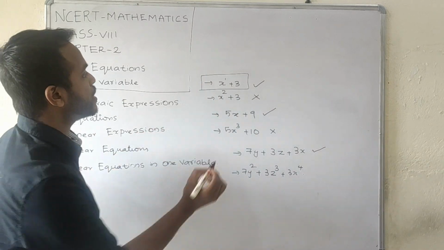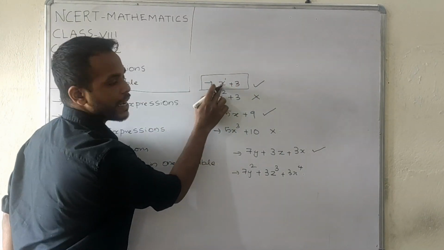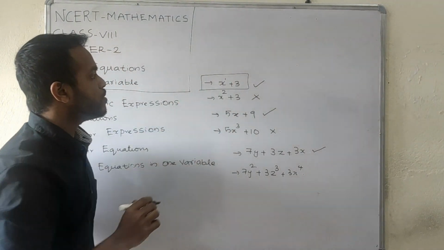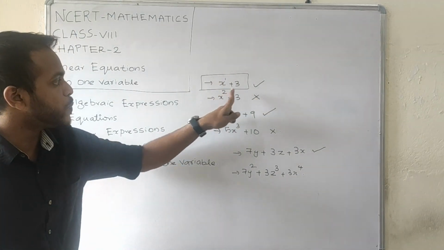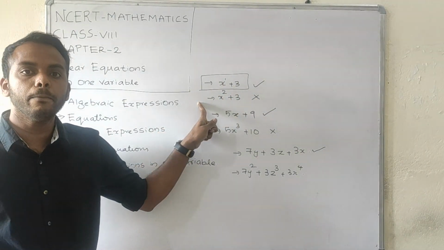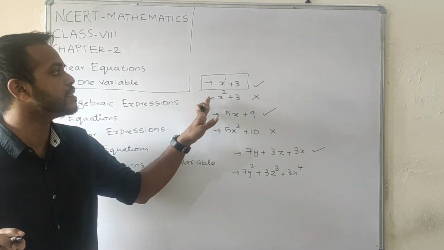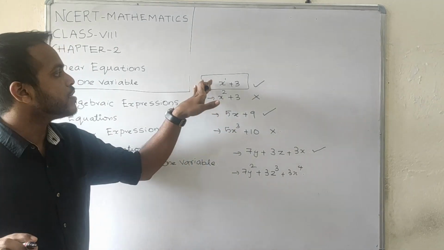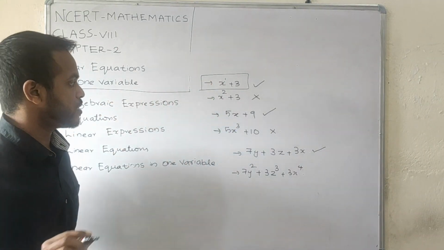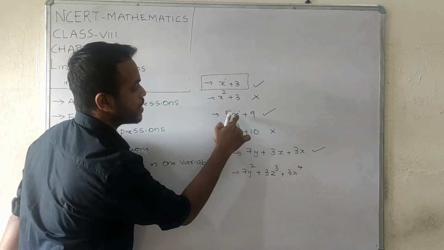We cannot see any other variables other than x here. So the expressions in which the power of the variable is 1, or the highest power is 1, are called linear expressions.